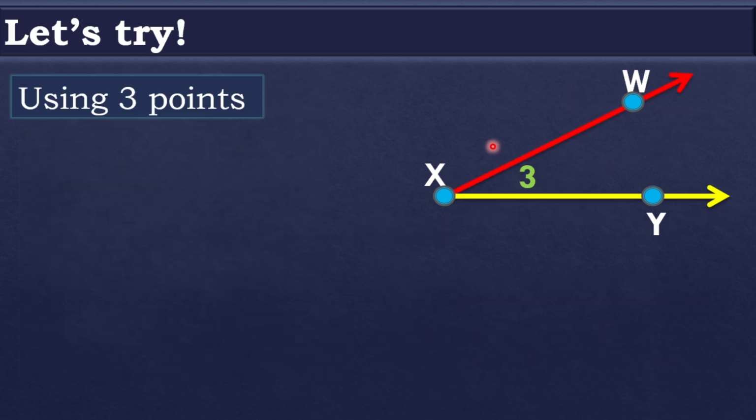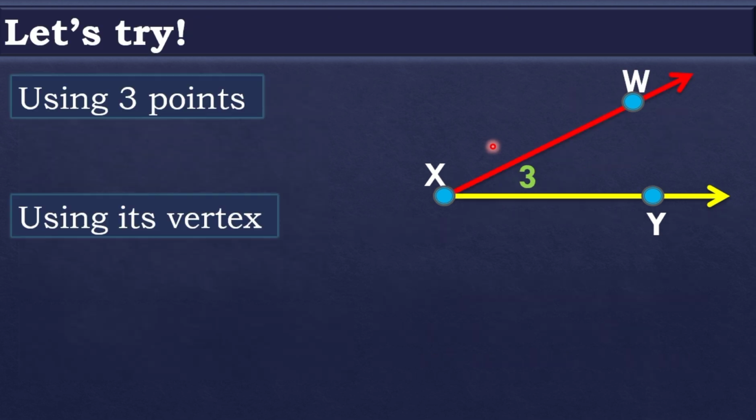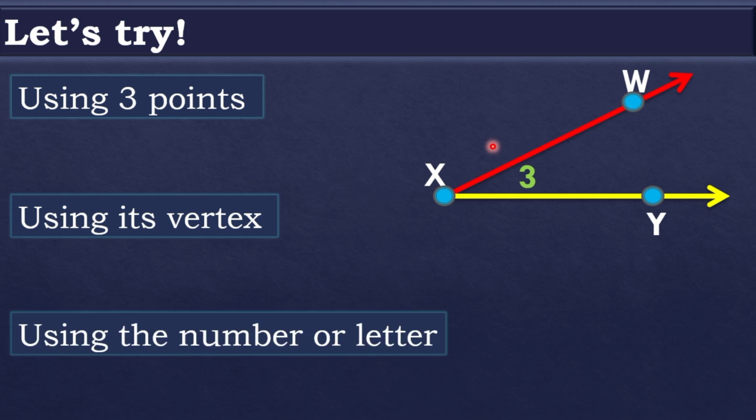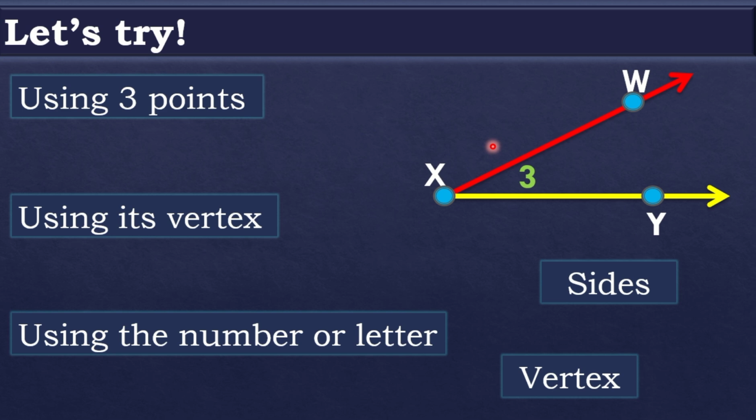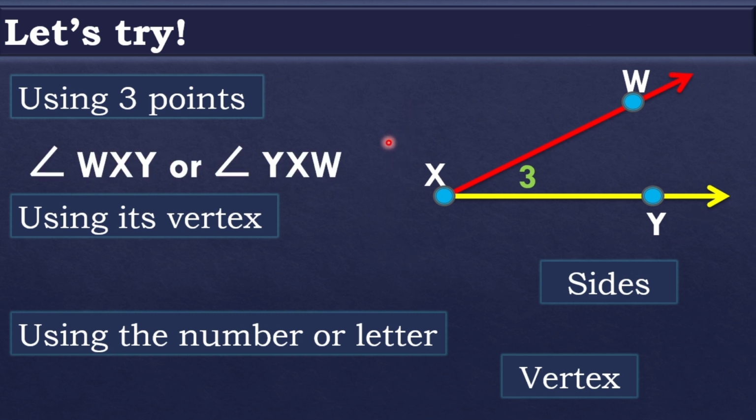Okay, so let's try. So, using 3 points, using its vertex, using the number or the letter, and then give me the sides and its vertex. Okay, so using 3 points, given this figure, how will you name it? Okay, so pwede siyang angle W, X, Y, or angle Y, X, W. So, pwede po yon.